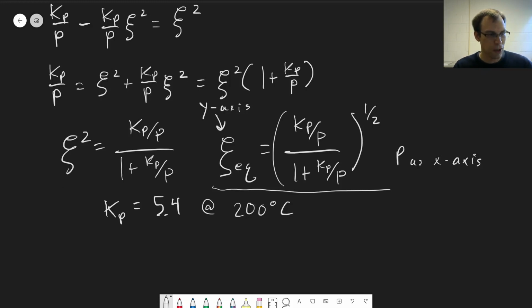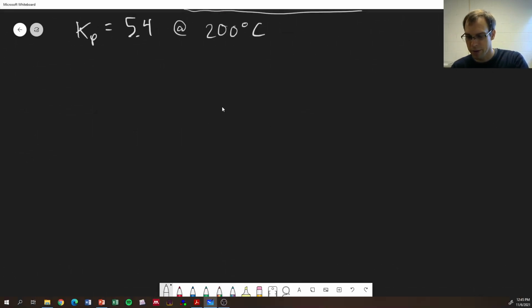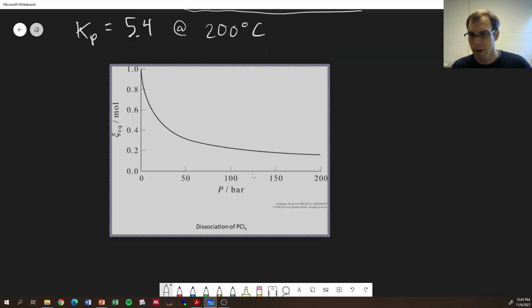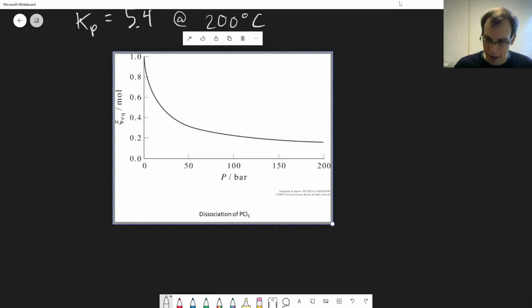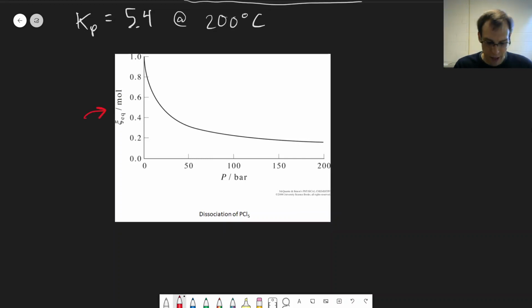Let me pull up that plot. I think if I take this out of full screen, then it'll actually work. Okay, so we can see here our y-axis is our extent of reaction at equilibrium, in units of moles, and we have our pressure down here in bar.